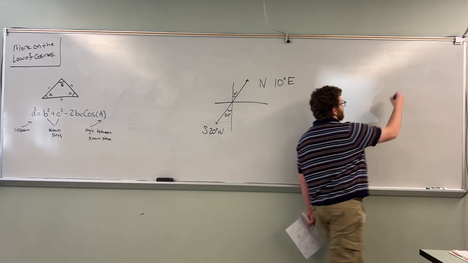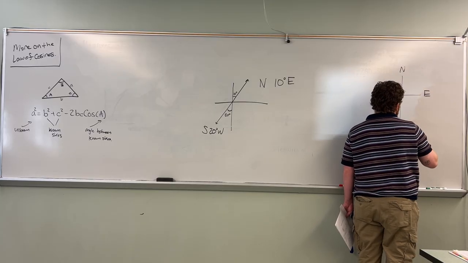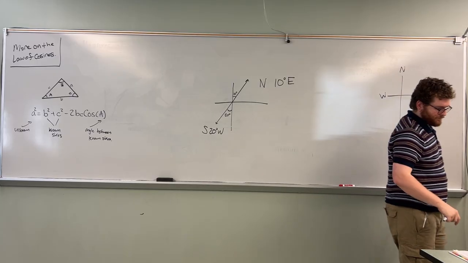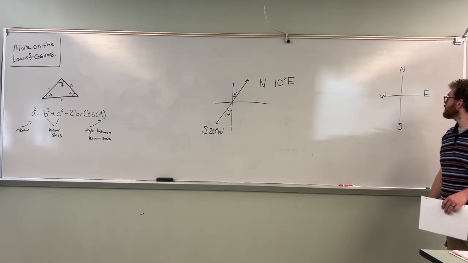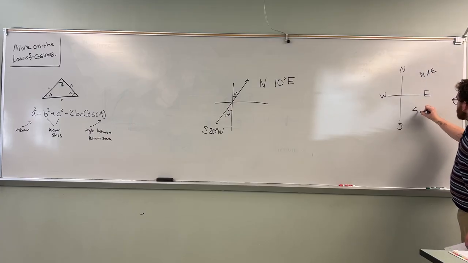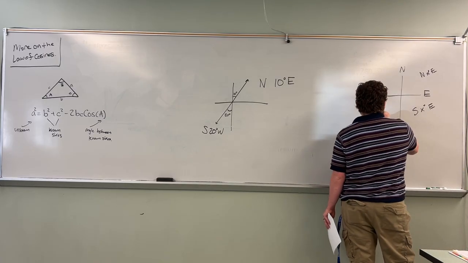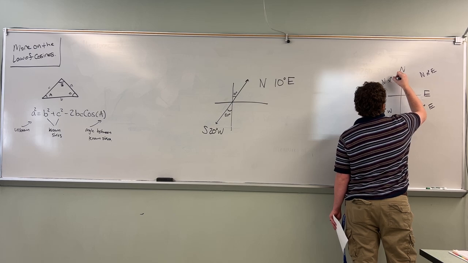It's important to remember your cardinal directions: north, east, south, and west. So then this would be north x degrees east, south x degrees east would be over here, south x degrees west, and north x degrees west.